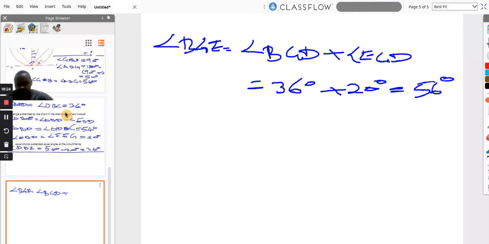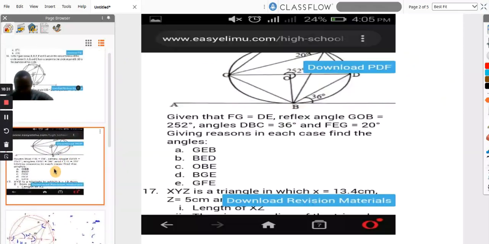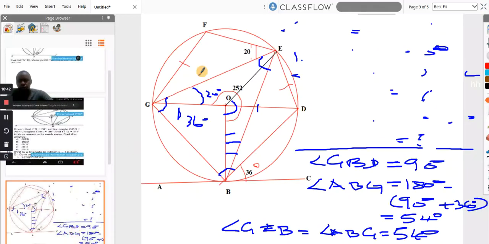And finally, angle GFE. Now, angle GFE is on top here.